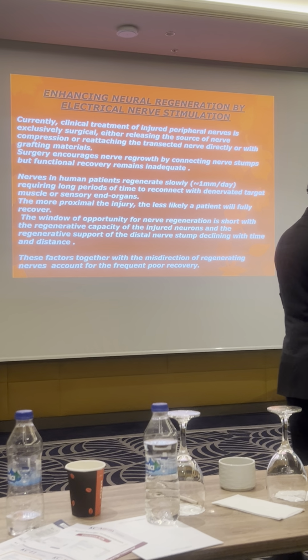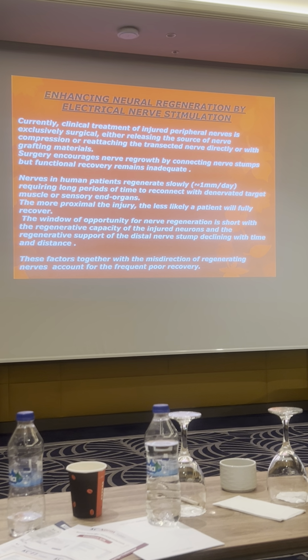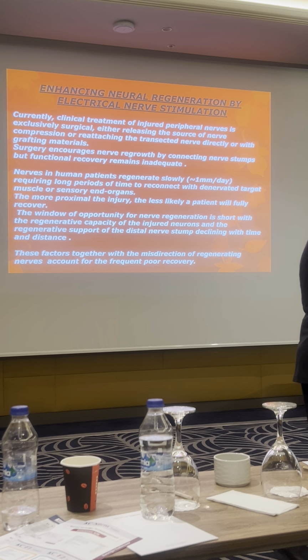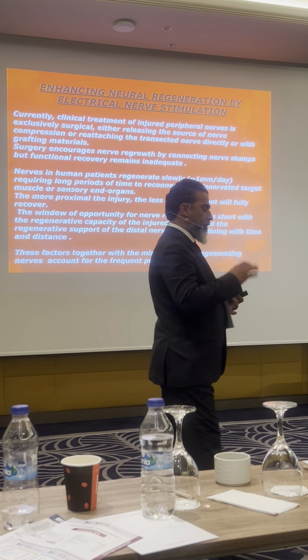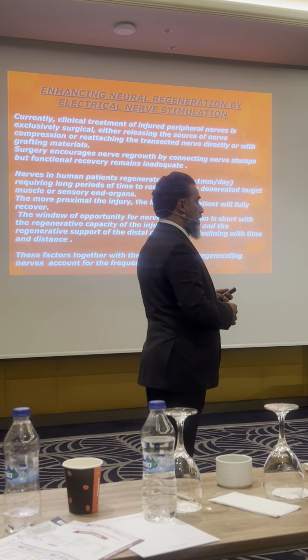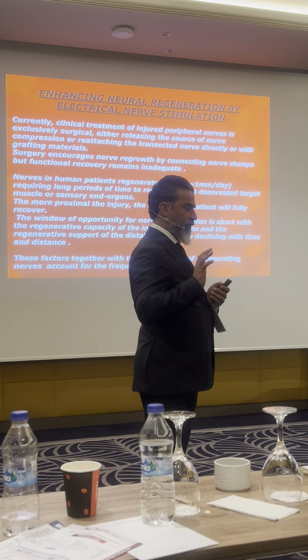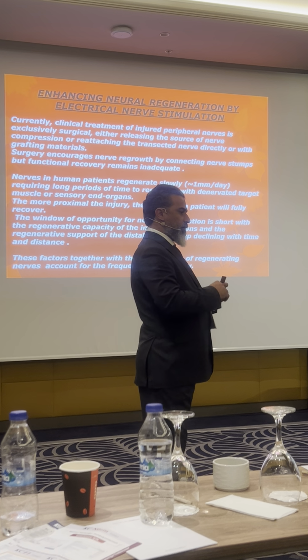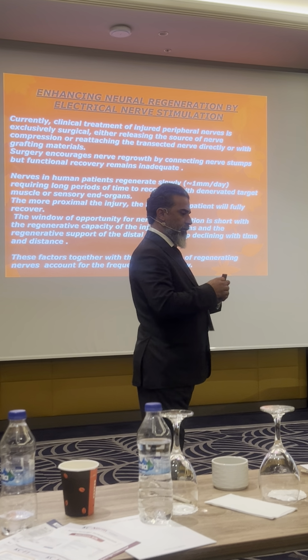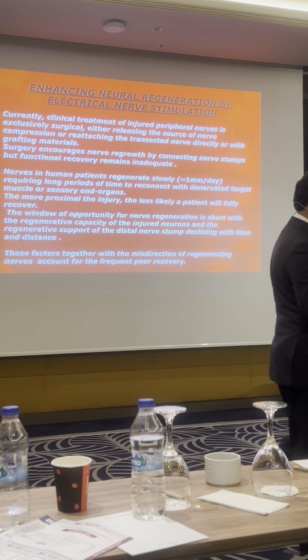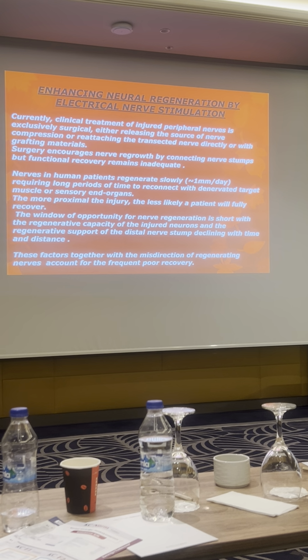Electrical stimulation has established that direct stimulation of the nerve enhances its regeneration. Why? What is the pathophysiology? After damage to the nerve, nerve growth factors decrease. So what enhances the release of nerve growth factor? It is direct stimulation.